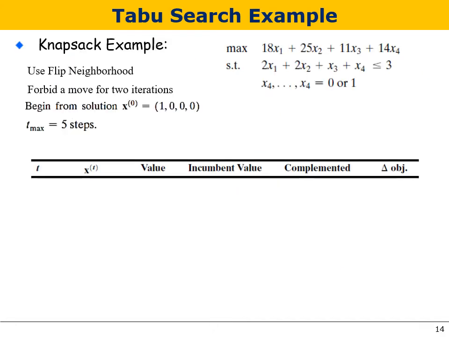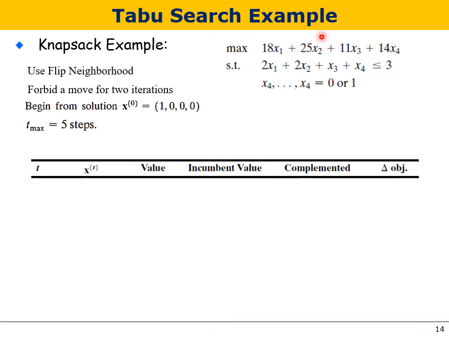Let's consider a knapsack example and solve it with the Tabu search algorithm to understand its mechanism better. This is the example that we are going to solve. We are trying to maximize these. There are 4 items, and each item has its own weight, and the total capacity or total limitation on the weight is 3.